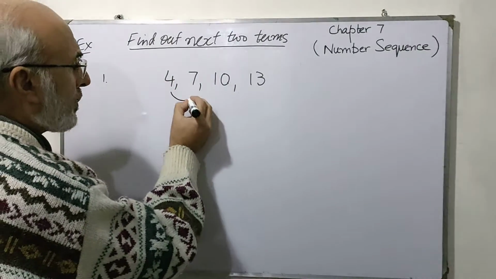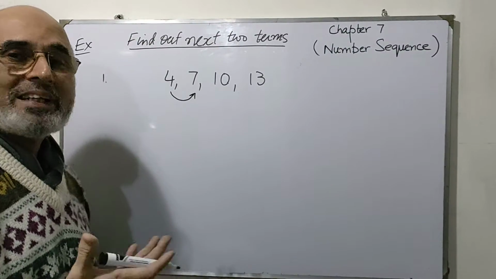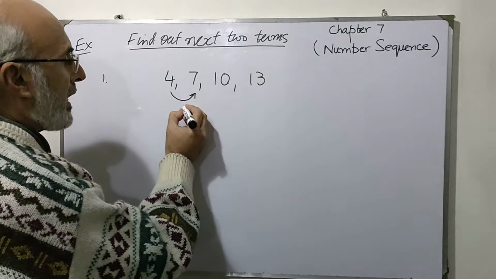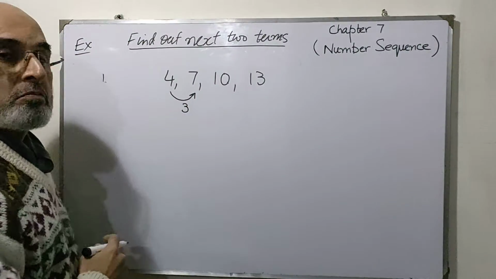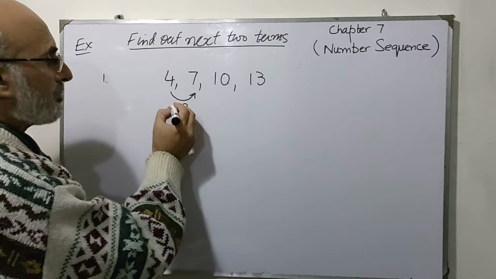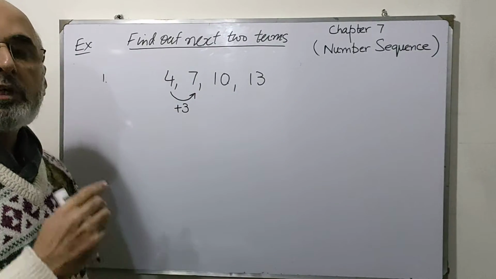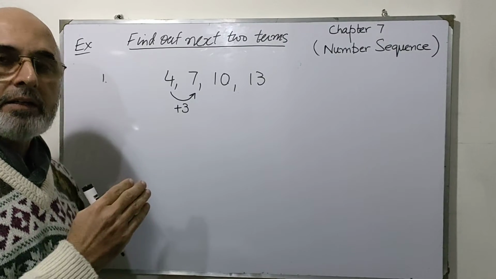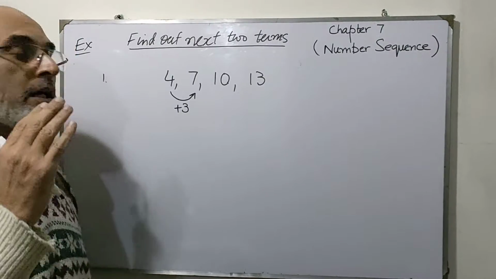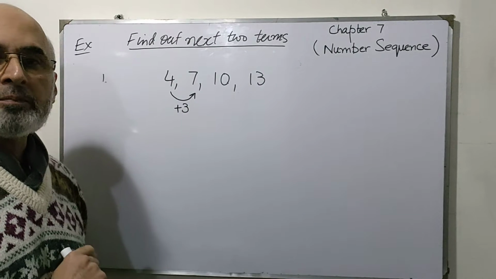So, while moving from 4 to 7, what is the increase? It's increased by 3. So, what we are supposed to do? 4 plus 3, we get 7. So, it means that if we add 3 to the first term, we get our second term.